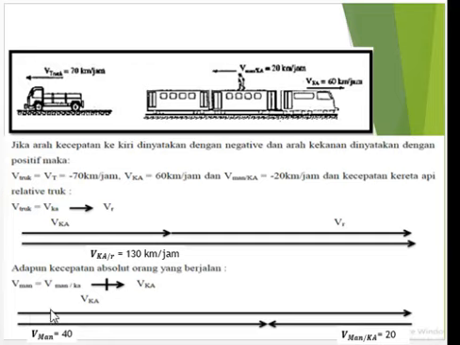The absolute velocity of the man is 60 km per hour minus 20 km per hour. So the absolute velocity of the man is 40 km per hour. And the velocity of the man relative to the train is 20 km per hour.